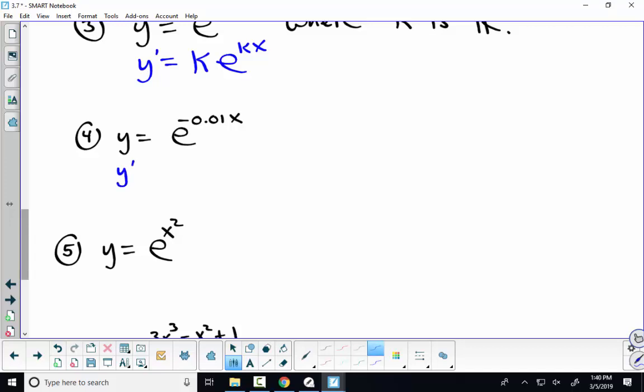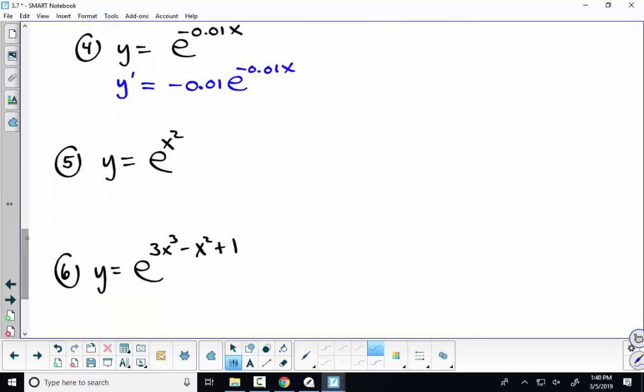So our y prime is negative 0.01 times e to the same power. Anybody have any questions on this? So we are using the chain rule to take these derivatives. Just a different function, so it looks a little bit different.